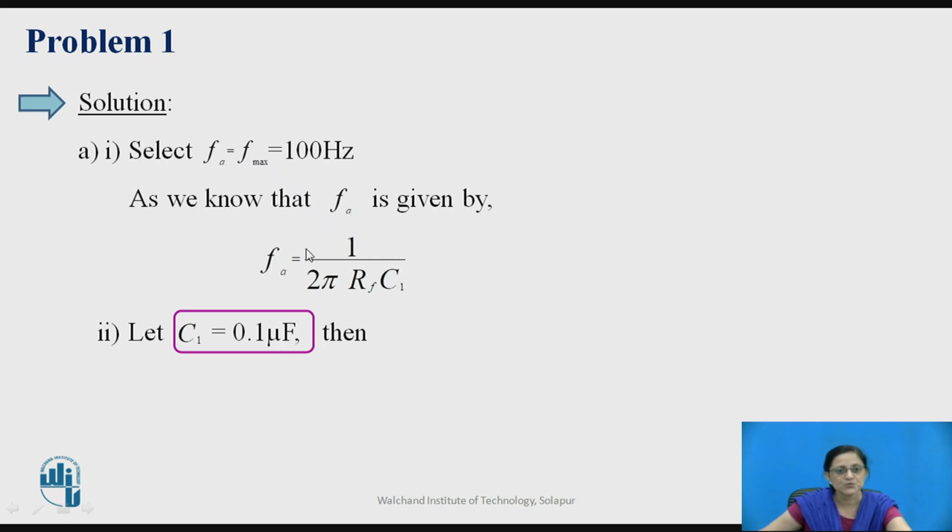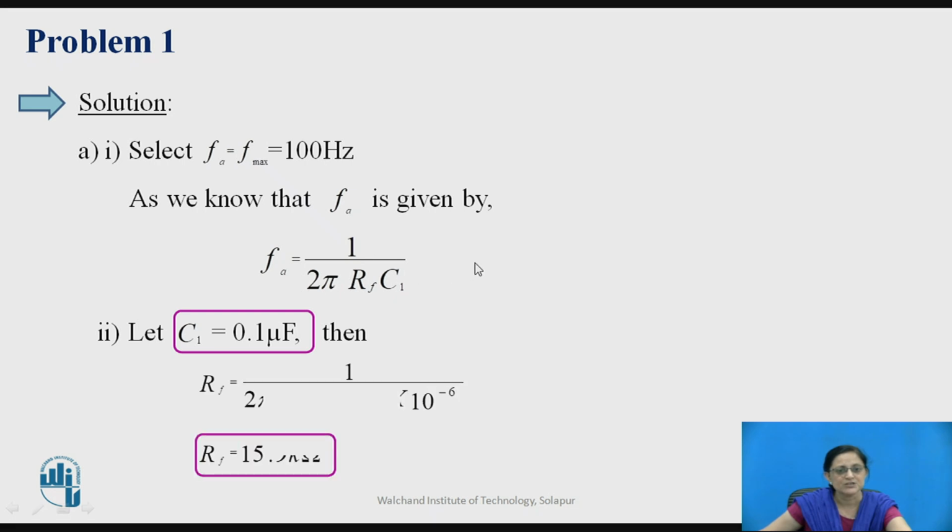Then C1 is known and FA is also known, so you can find the value for RF. Thus RF equals 1 upon 2 pi FA C1. You can calculate RF by putting the values of C1 and FA: 100 Hz is given, whereas C1 equals 0.1 microfarad. By solving this equation, you get the value for the feedback resistor equal to 15.9 kilo ohm.